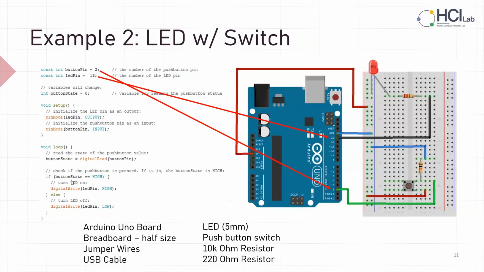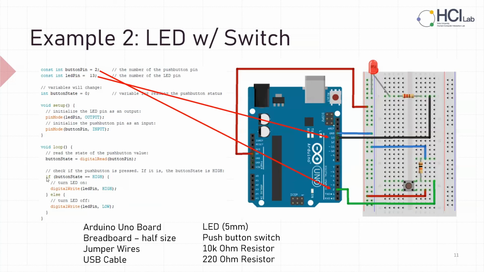When using the if-else condition, we need to check our button state. It means that when you press our push button, we give a high voltage to our LED, and it should turn on. When we don't press, it should turn off, which means we need to write low voltage to our LED.